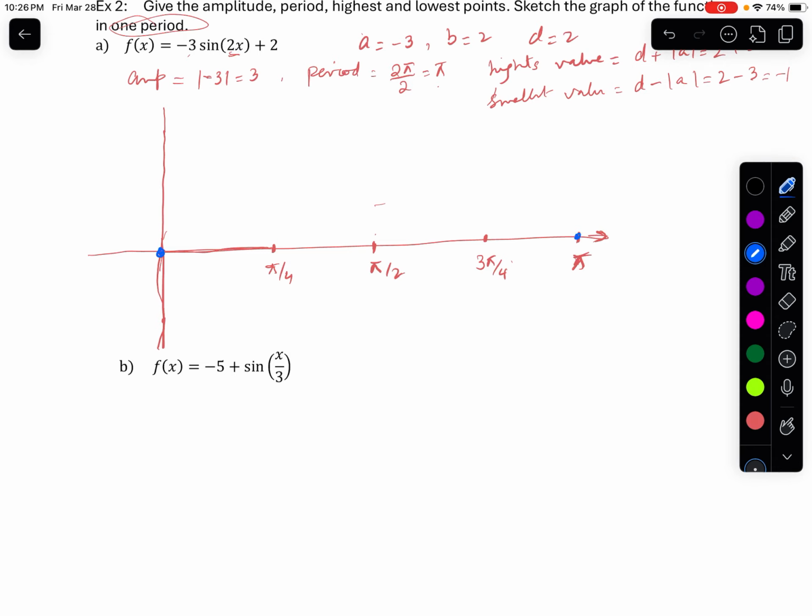Because this is the same as 2 pi in our simple sine x, and it will be 0 here. Well, you might say, but wait a minute, sine of pi over 2 is not 0, it's 1. Yes, but remember we have sine of 2x now. When you plug in pi over 2 for x, this becomes sine of pi, and that is 0.